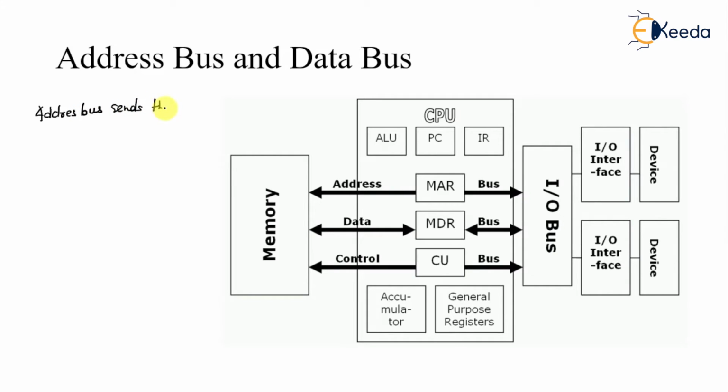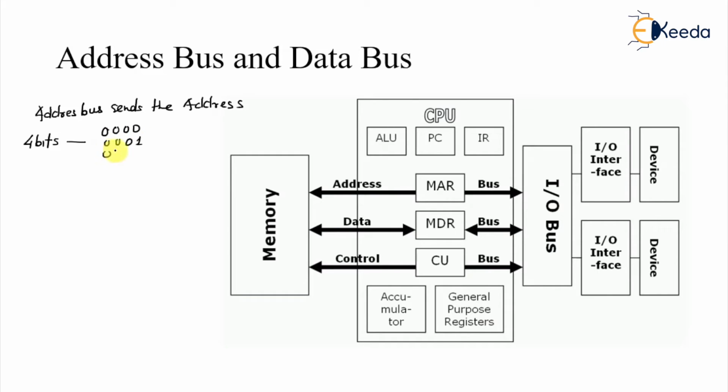Now here suppose the address bus is of size, let's say, 4 bits. For simplicity I'm taking 4 bits.